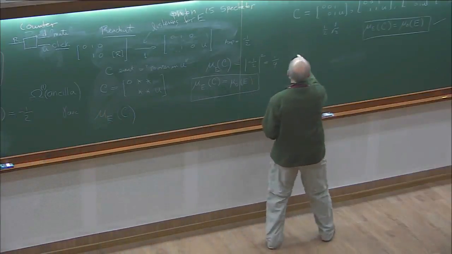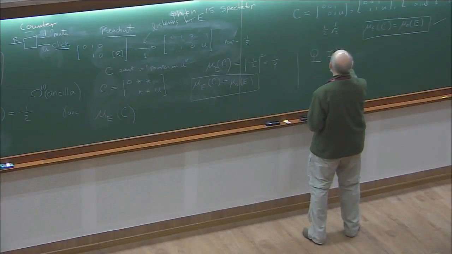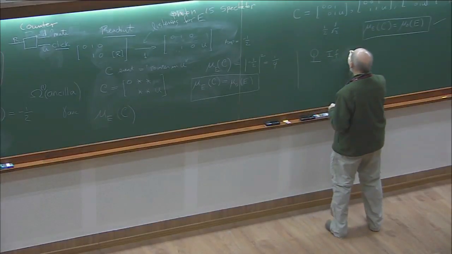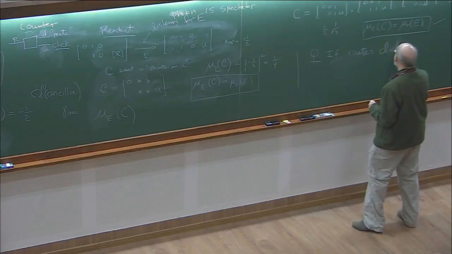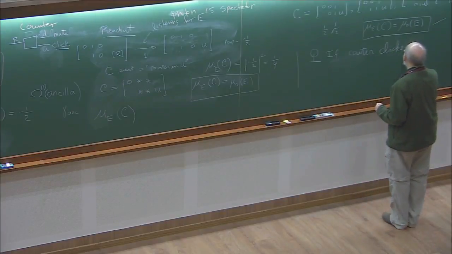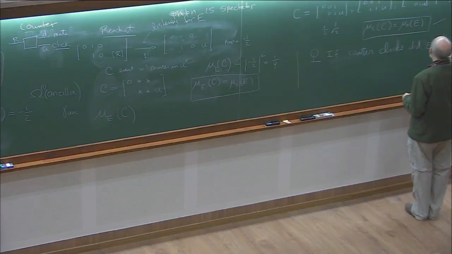And I'll finish just by raising a question. I won't have time to flesh out what I mean by it, but you've seen it before. You may not see this, but I'll read it. It says, if the counter clicks, did E really happen?